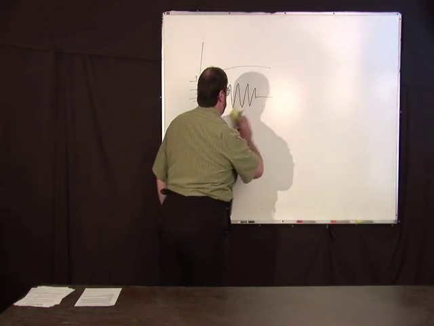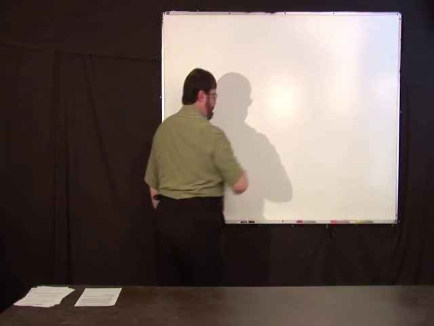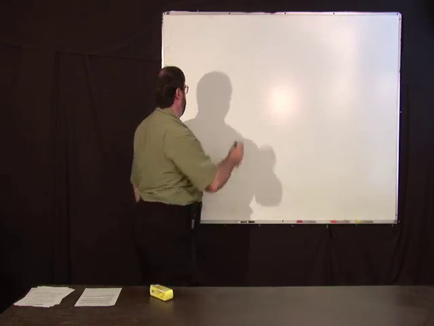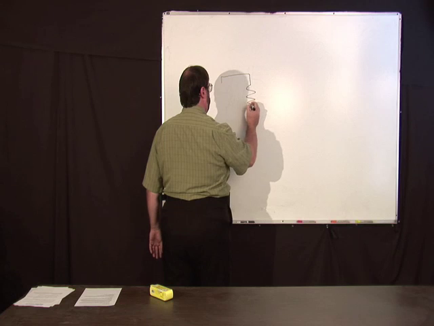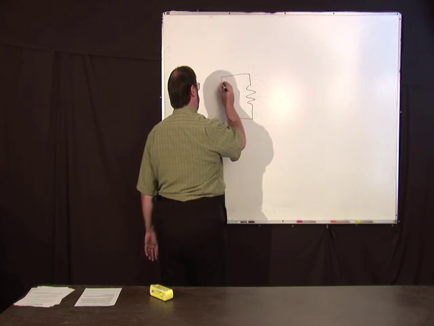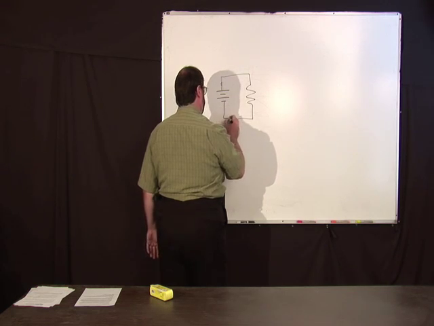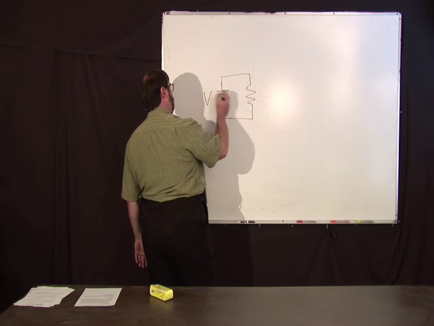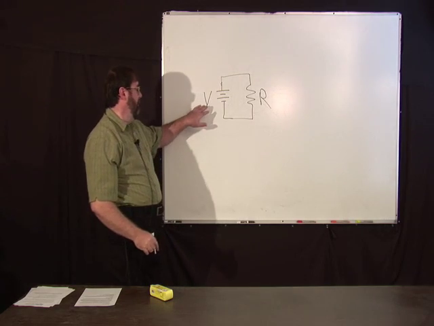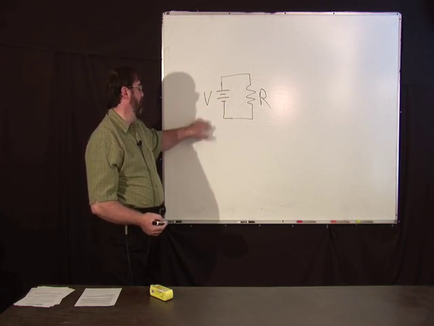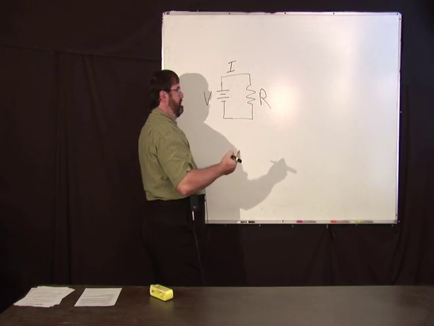Maybe not so much resistors, but the thing about resistors and currents and voltages is there's a relationship between them. So if you have a resistor hooked up, let's say, to a battery, a voltage V, and a resistance R, resistance is measured in ohms, voltage in volts, current I in amps.